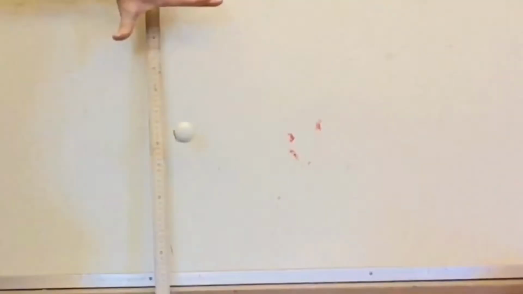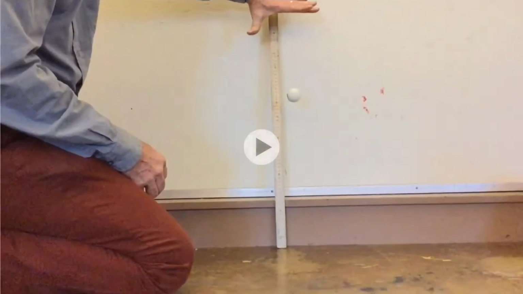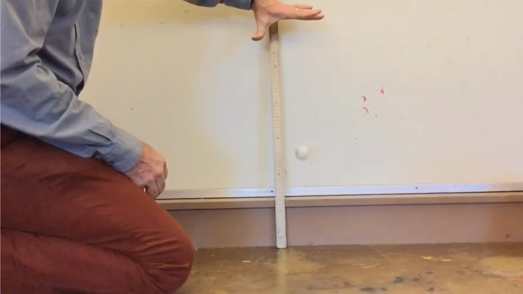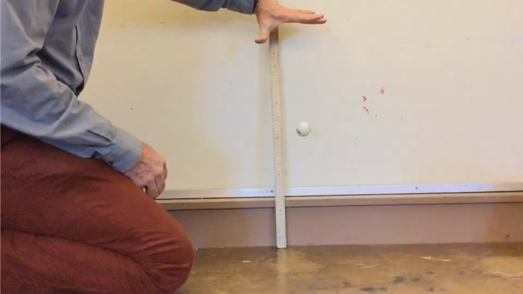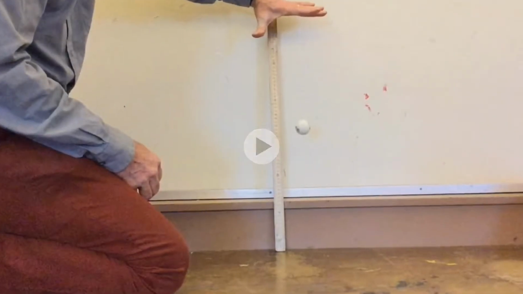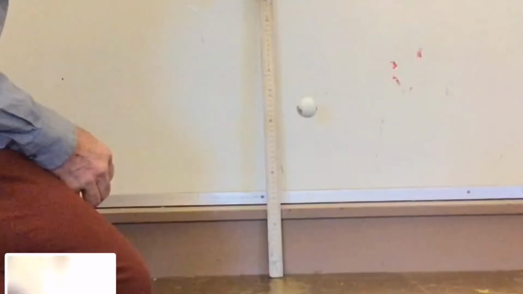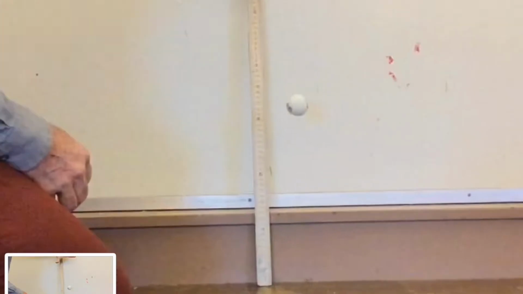All right, so here's the video, and let's take a look at the next bounce. The next bounce goes up as high as that, right there, okay? So let's take a closer look at that, and voila.